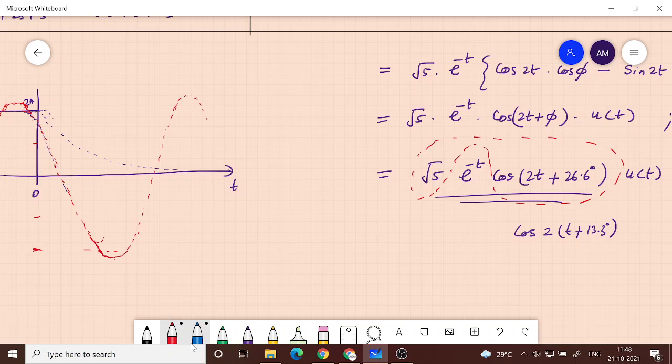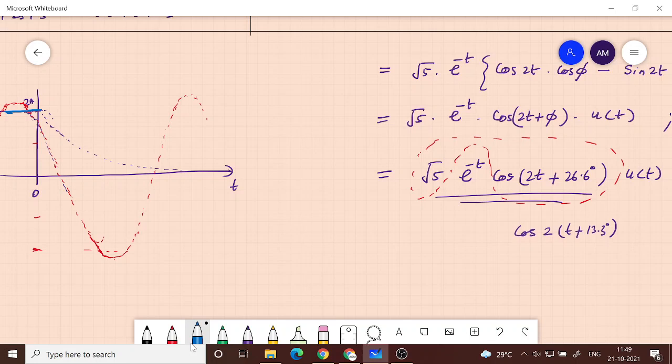Now if I multiply this, one curve is this exponentially decaying function, and that is multiplied with this cosine function. So the overall effect is, on the left side it doesn't affect, because it is only valid for u of t, here.